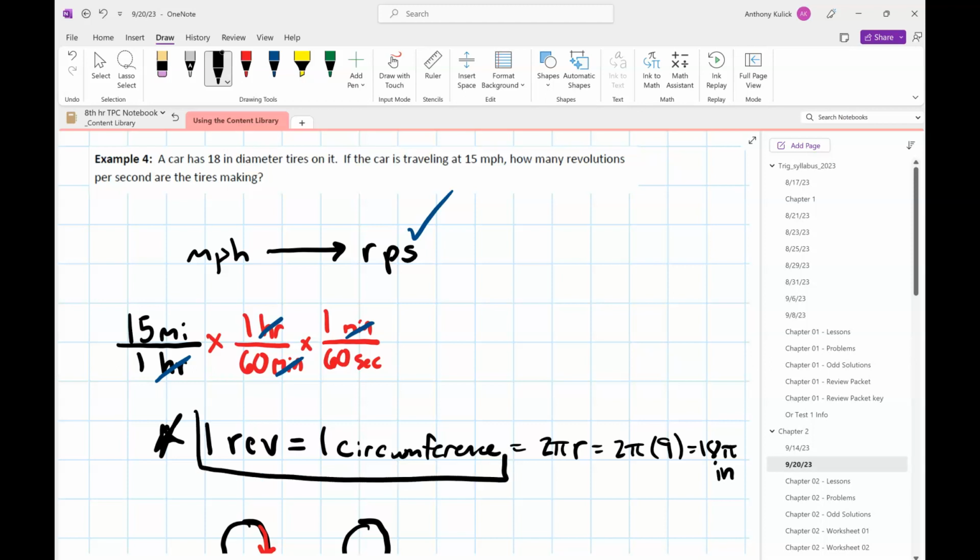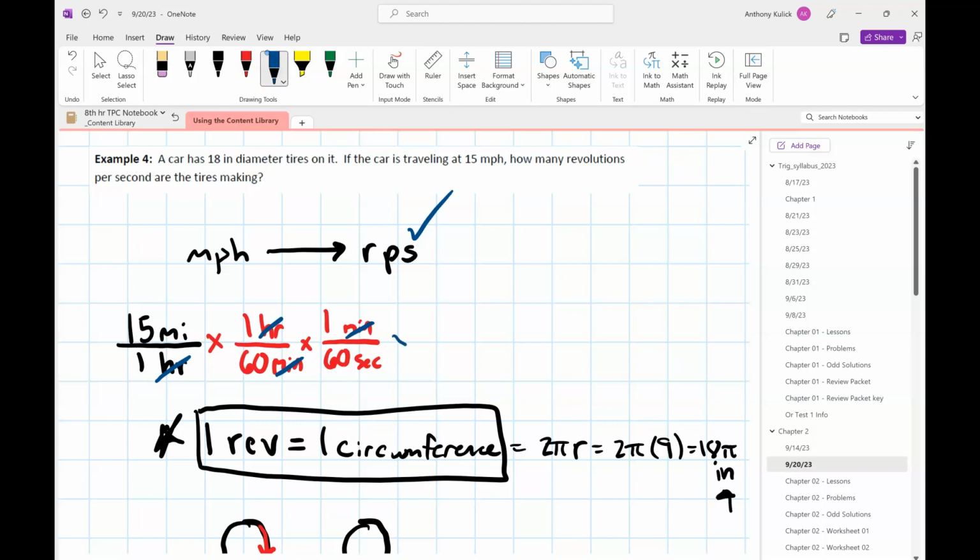But this is kind of the key idea for any of these type of problems where you're going from a linear to a rotational conversion, is that one circumference is one revolution. So I notice that my circumference is in inches. So I need to convert miles to inches before I can apply that final conversion factor.